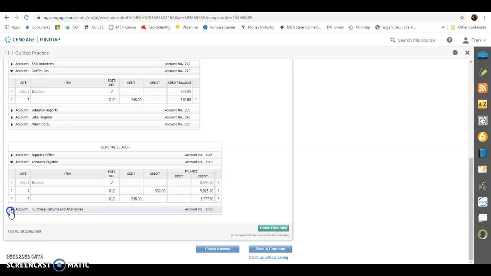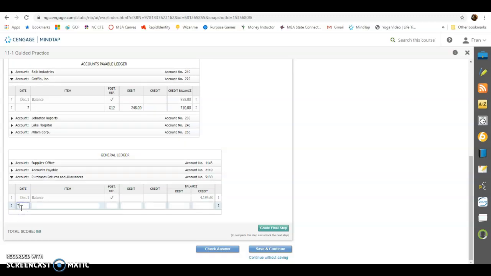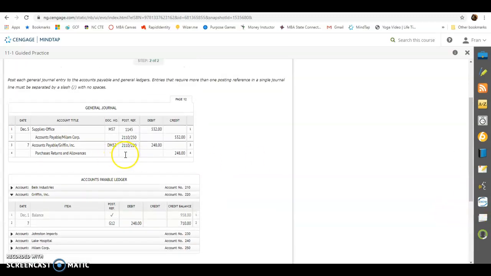Come down here and add that. And it was the credit for $248. It's a normal credit balance, so we're going to add the two together. $4,442.60. Okay, our last account number is 5130. Add it in here.